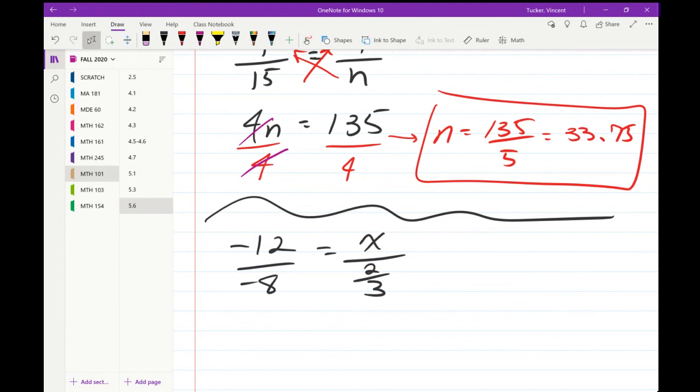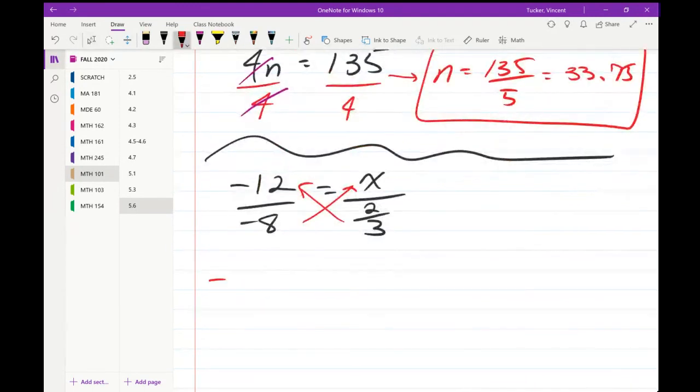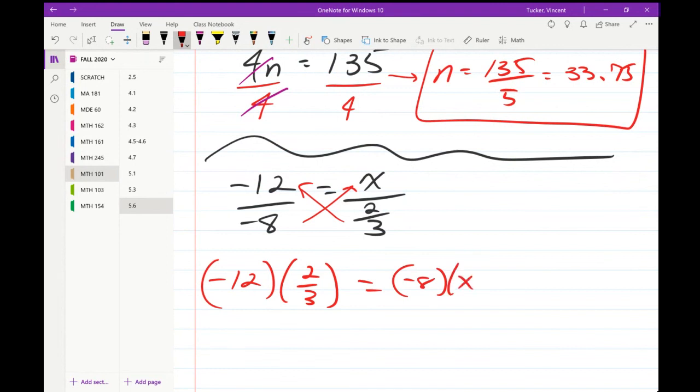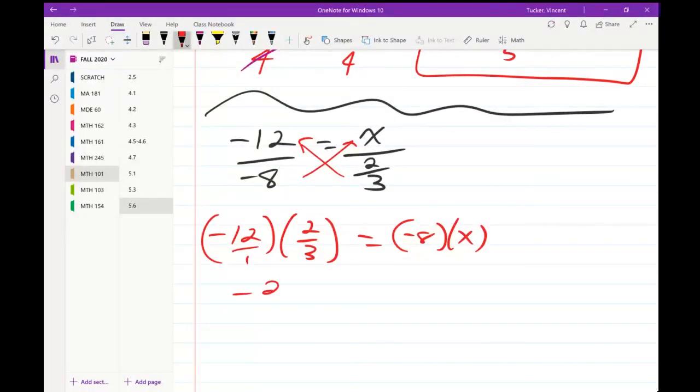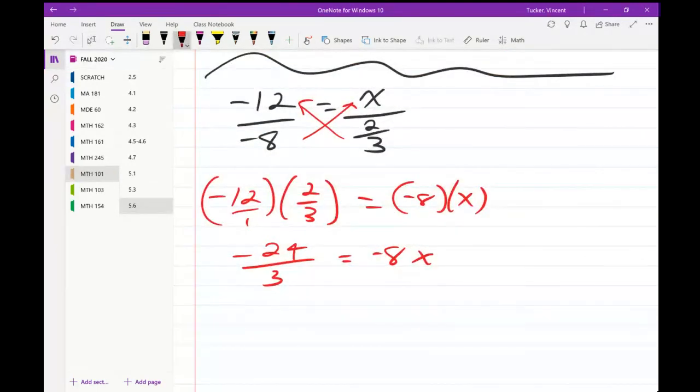We have negative 12 over negative 8 equal to x over 2/3. Negative 12 times 2/3, negative 8 times x. If you want to multiply these across, you could. That would be negative 24 over 3, or you could take the 3 to the 12 and cancel out from there. Negative 24 divided by 3 is negative 8.